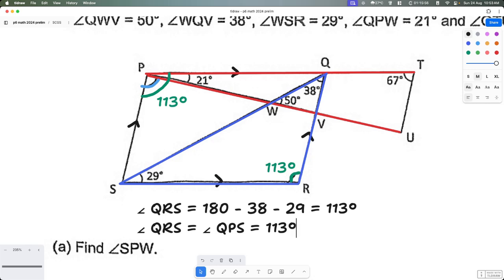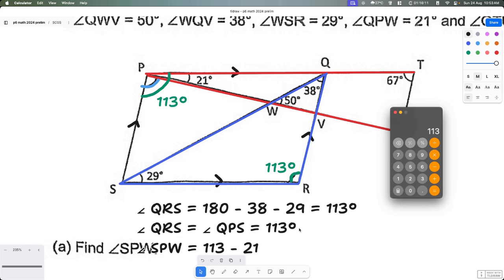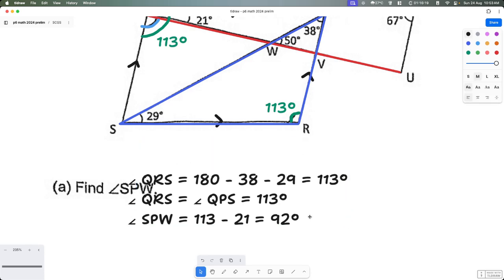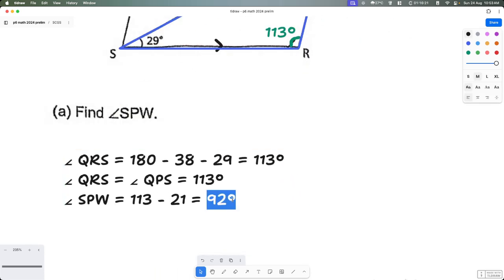That means we can get angle SPW, which is the blue angle. So angle SPW is equal to 113 minus 21. Let's use the calculator, minus 21, and this will give us 92 degrees. There you go. So that's the answer for SPW, 92 degrees.